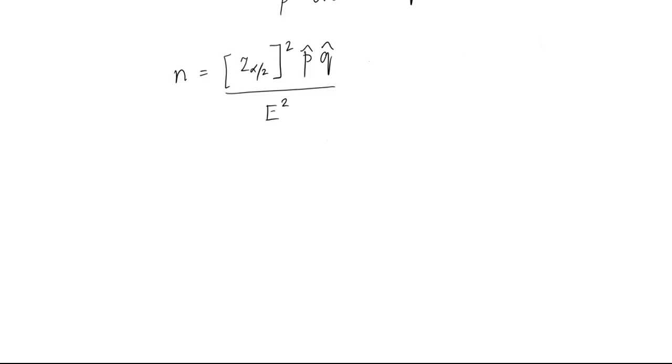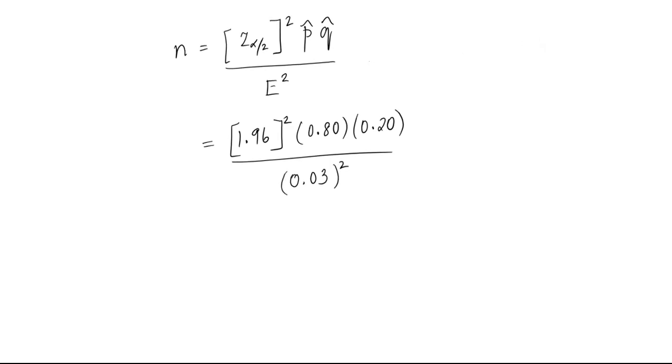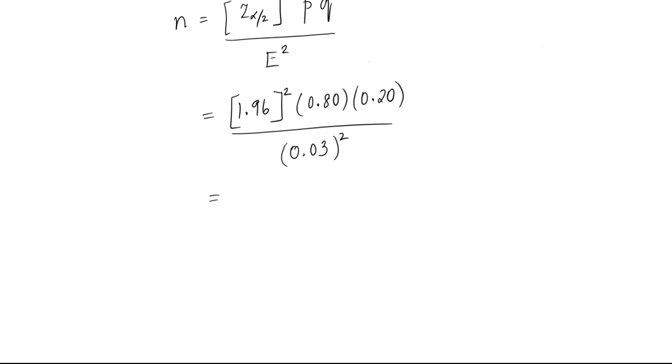Now plug in all the values: 1.96 squared times 0.80 times 0.20 divided by 0.03 squared, which is 682.951. And that comes up, again, round it up, 683.